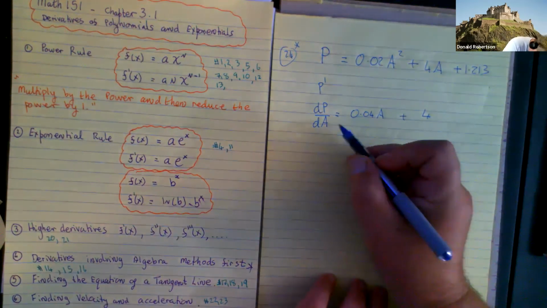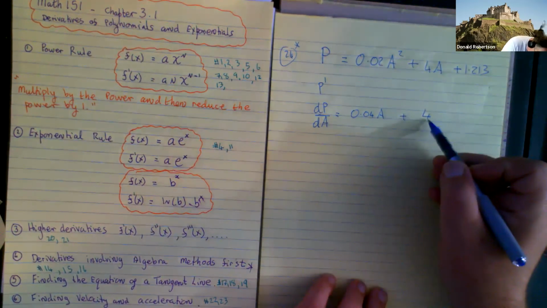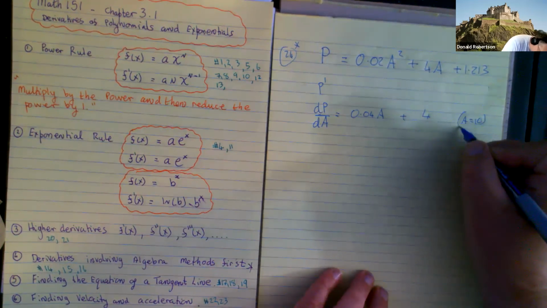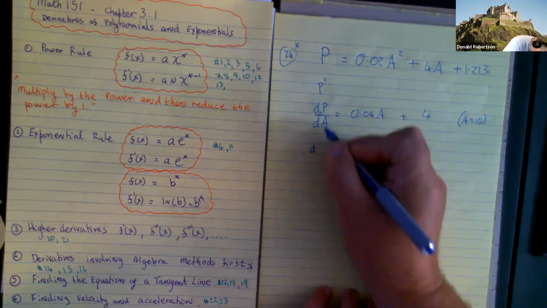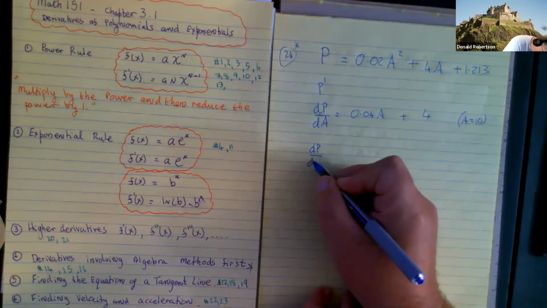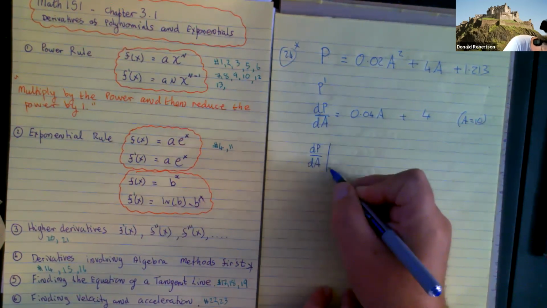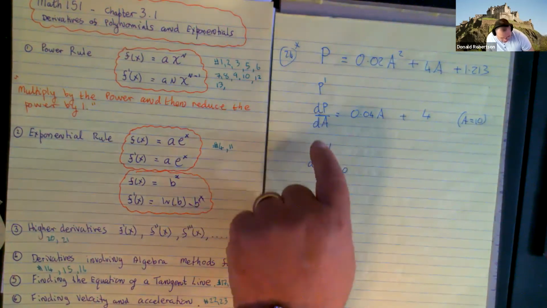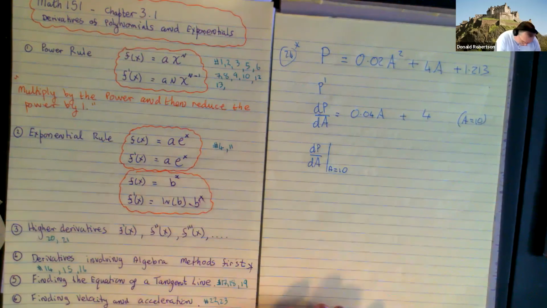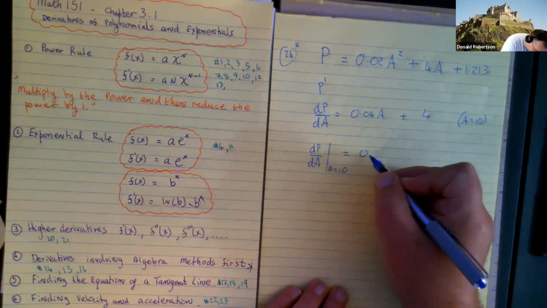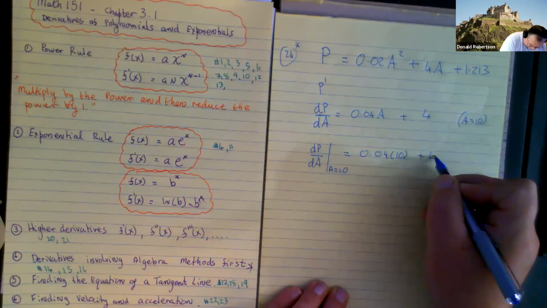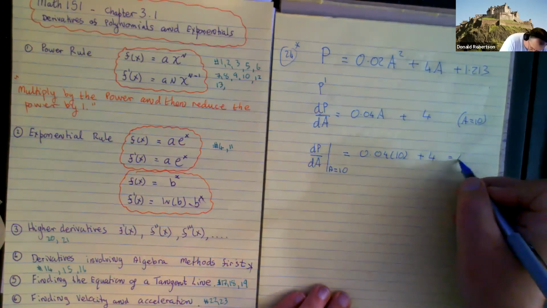Now, if you wanted to know what this derivative was equal to when, say, a is 10, the notation's a little bit clunky. That means find the derivative when a is 10. So in this case, it would be 0.04 times 10, add 4, which I believe is 4.4.